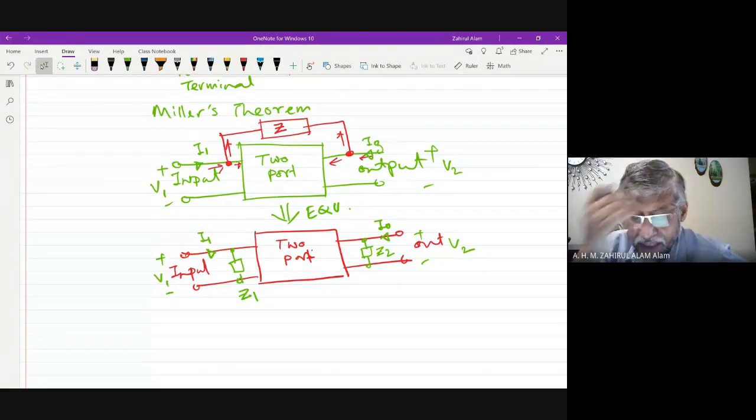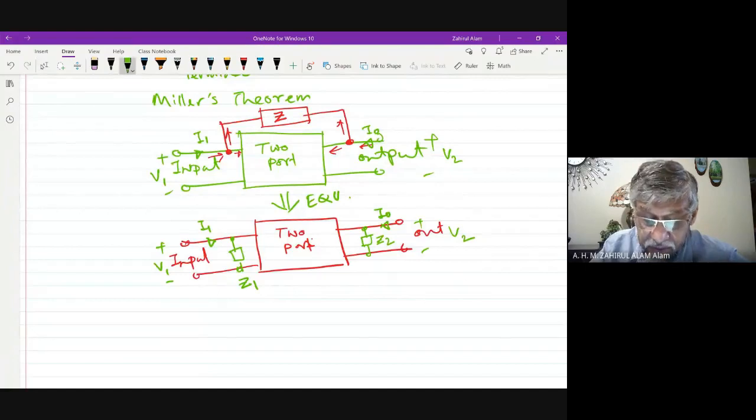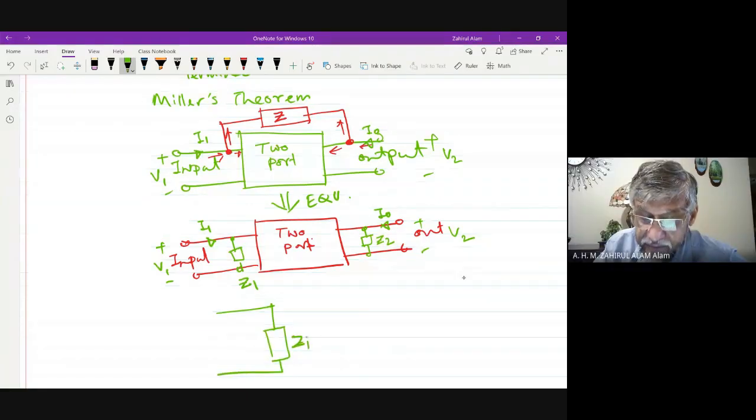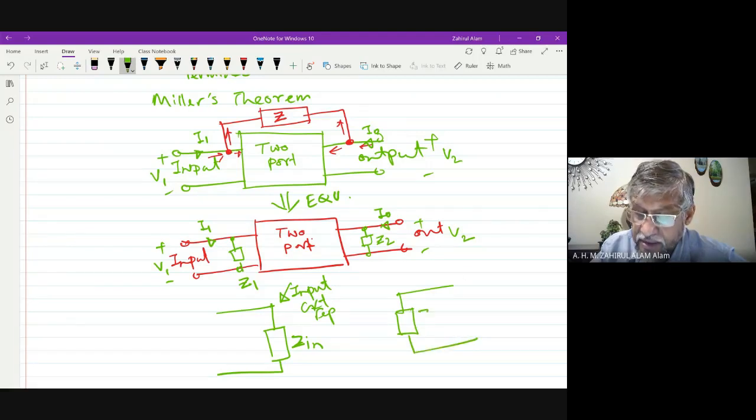Last time we mentioned that any circuit we can simplify, for example, to Z in, which is the input circuit representation, or the output circuit representation, Z out.